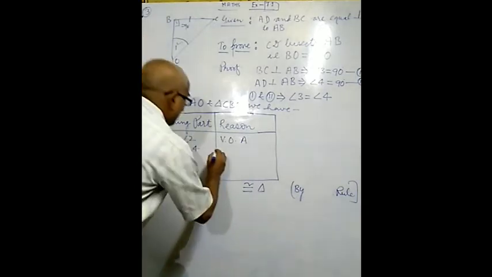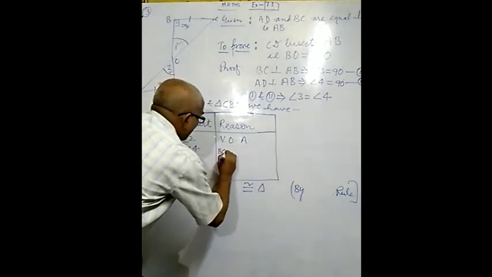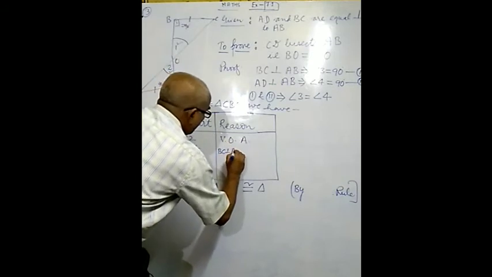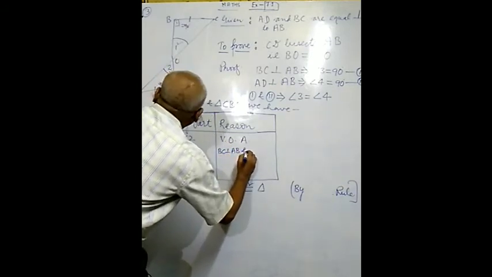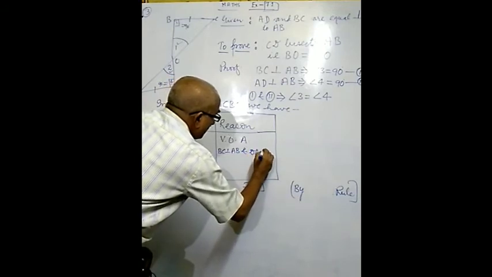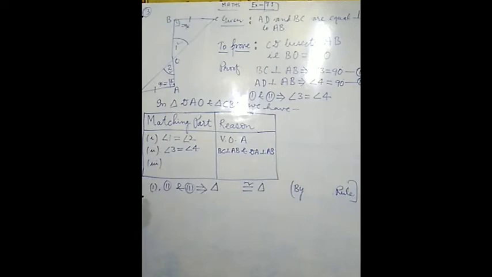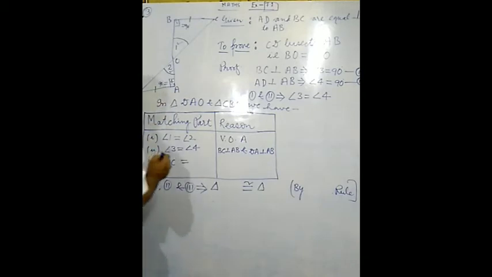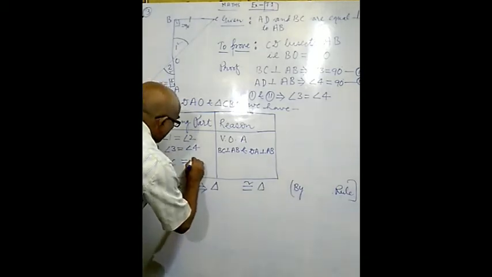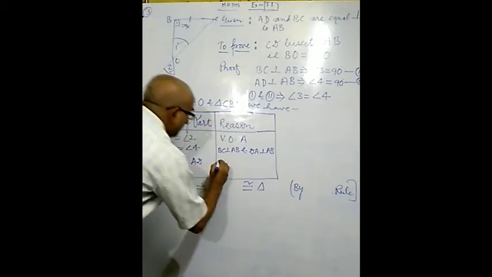Because BC is perpendicular to AB and BA is also perpendicular to AB. This is given there. And what is the third matching part? BC of the upper one equals AD of the lower one, and this is given there.